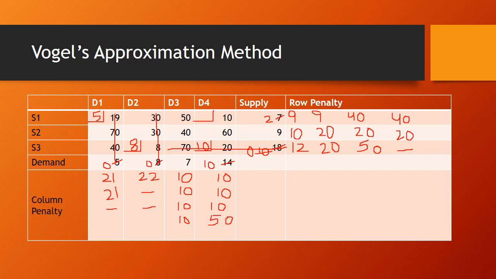Now in this corner supply capacity is only 2, the demand is 8 here. Sorry, there is one correction in the previous step: we have met the 10 demand, so the remaining demand will be 4 because out of 14, 10 you have supplied, so 4 will be here. Okay, so let's come to column D4.